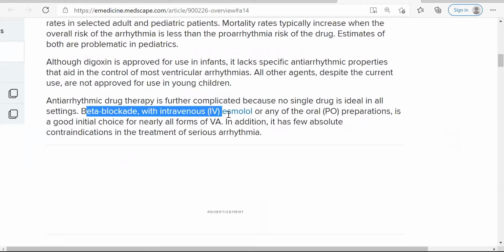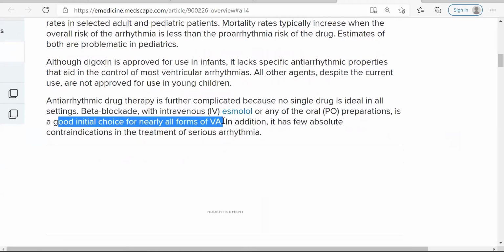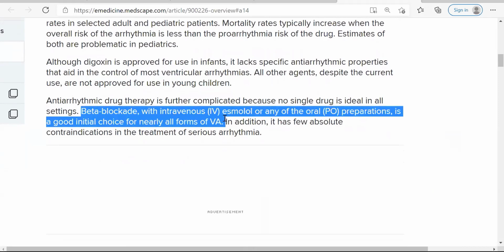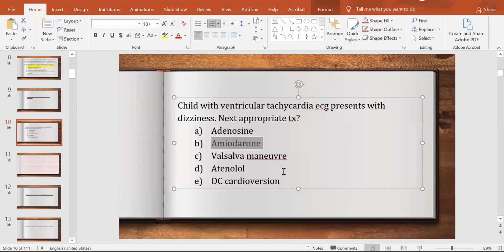A beta blocker, with intravenous esmolol or any of the oral preparations, is a good initial choice for nearly all forms of ventricular arrhythmia. So for a child, we'll go for this one because it is not contraindicated, and in all forms of ventricular arrhythmia it can help. Better to start with something safer.